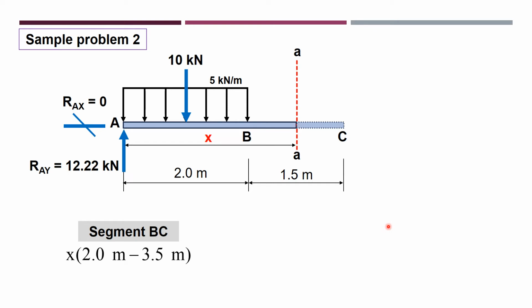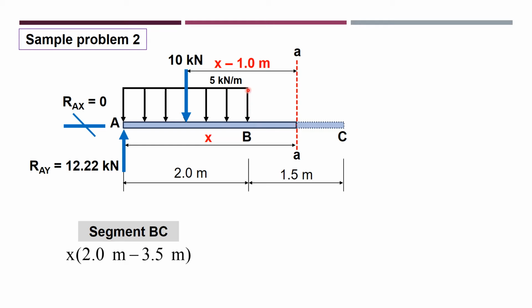So the equivalent single force of this uniform load is 5 kilonewtons per meter multiplied by 2 meters, or this is equivalent to 10 kilonewtons. And it has a distance of x minus 1 meter from the imaginary cutting plane. So how did we get this one?